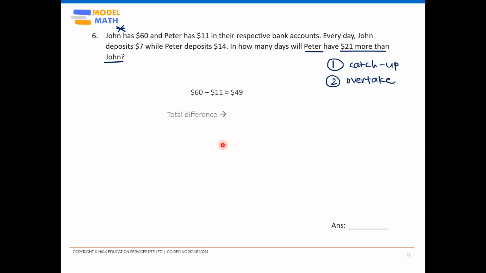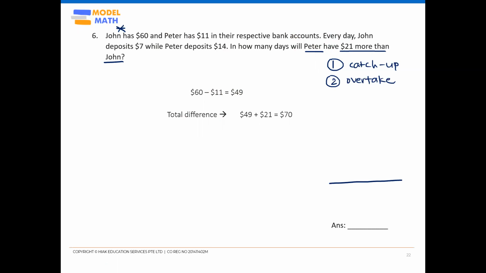We call this the total difference. You can think of it as the total extra money he needs to deposit as compared to John. Not only must he deposit $49 more than John, but he also needs to deposit an extra $21 more than John. That means altogether, he needs to deposit a total of $70 more than John.